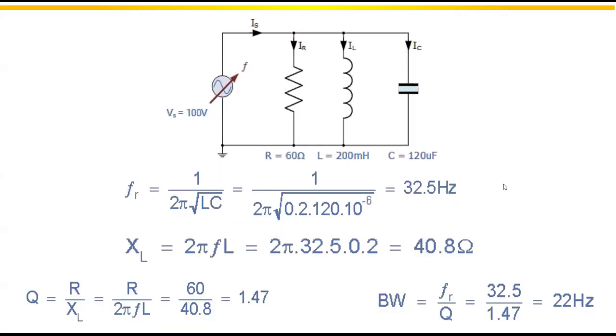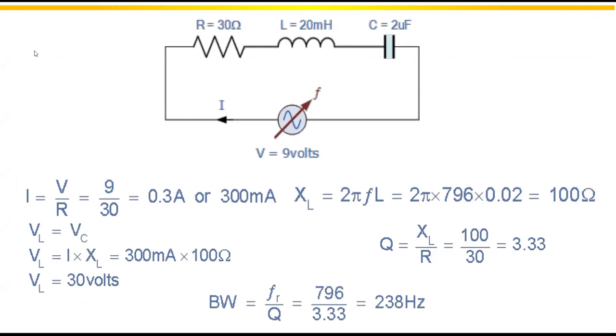So, all right, we did this nasty one. This is a similar series circuit. You're doing the same calculations and doing the Q where you're dividing the reactance of one of the components by the resistance.